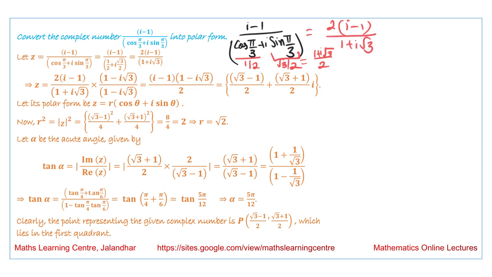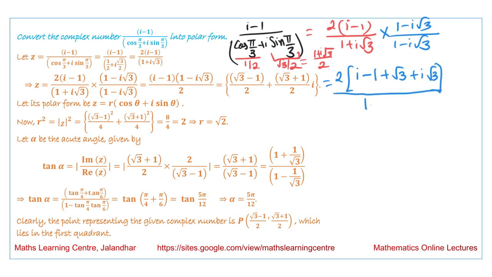To simplify this number, we multiply and divide it with 1 minus iota root 3. So this is equal to 2 times, if we multiply these values, iota minus 1 plus root 3 plus iota root 3, divided by 1 plus 3.